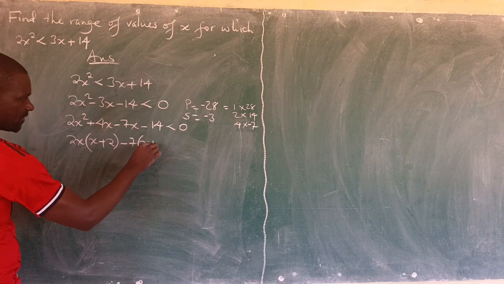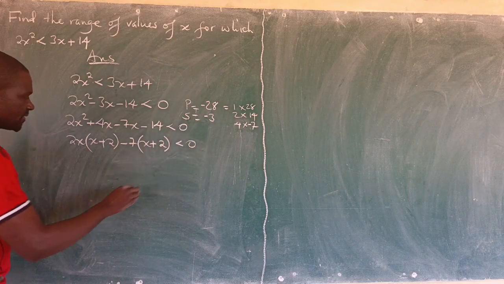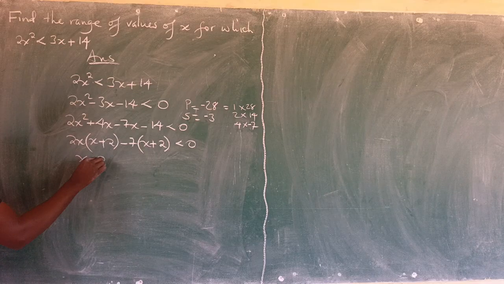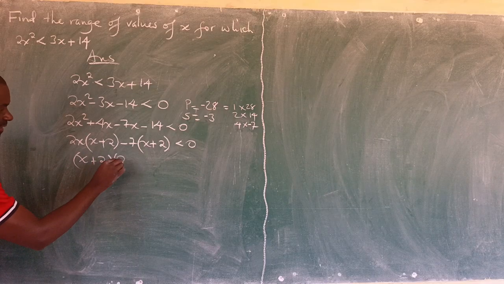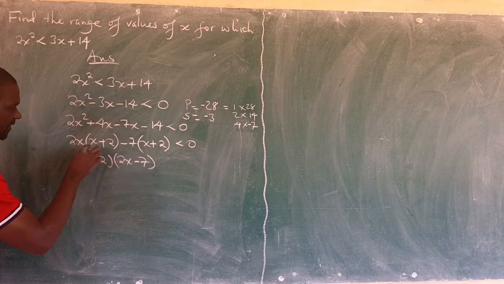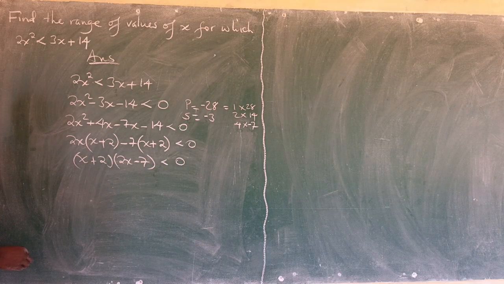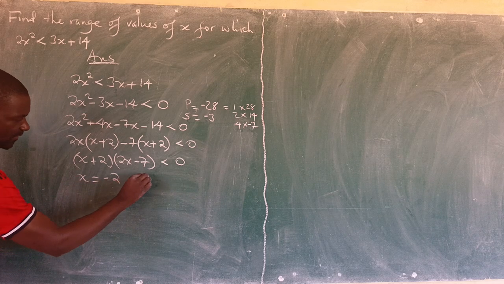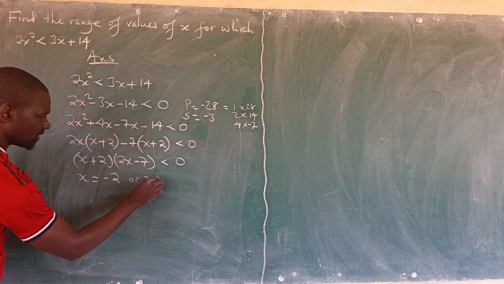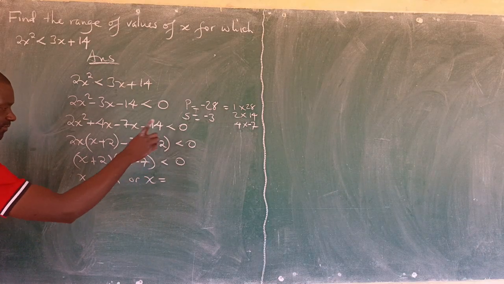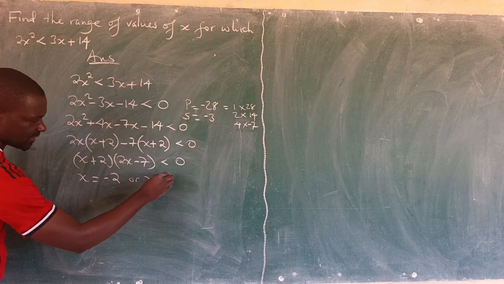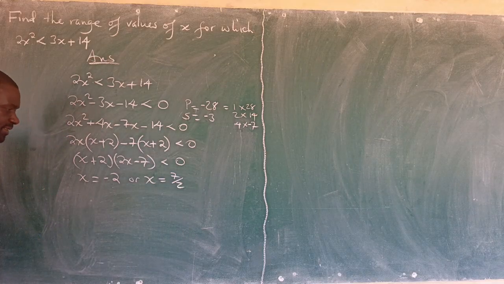Here we have x plus 2 less than 0. Then we have x plus 2 as well as 2x minus 7, this less than 0. So if we equate this one to 0, we are simply getting x as being equal to negative 2, or x being equal to 7 over 2. So these are the critical values.